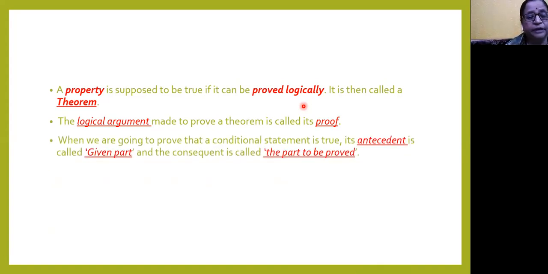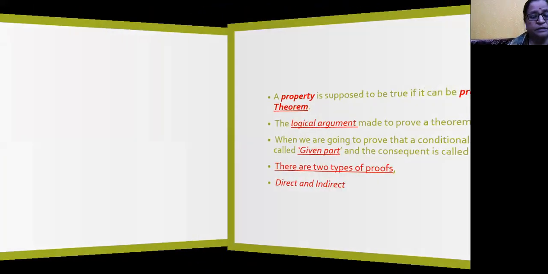When we prove that a conditional statement is true, the antecedent is called the given part and the consequent is called the part to be proved. There are two types of proofs, direct and indirect.